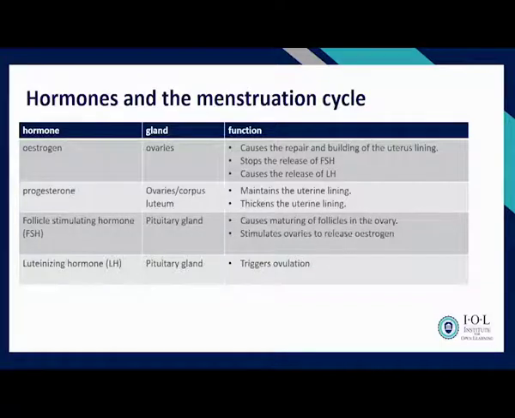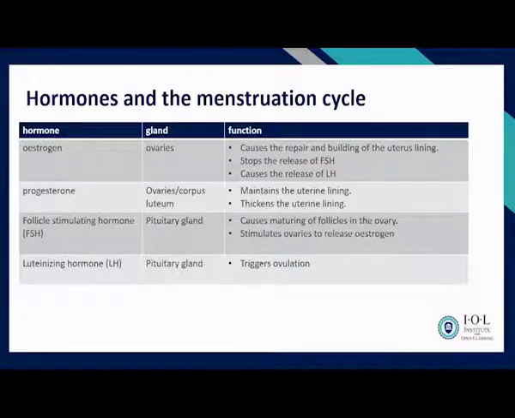They have just not been matured yet to release a fertile egg. So every menstruation cycle, at least one of the follicles matures. It also stimulates the ovaries to release estrogen. That is why when there is an increase in estrogen level, the follicle stimulating hormone reduces, because then it is being stopped by an increase in the estrogen.